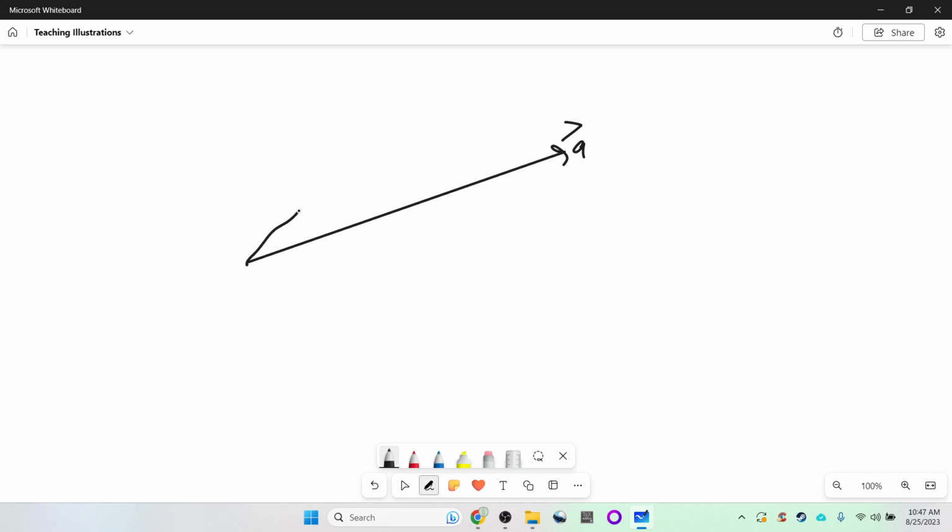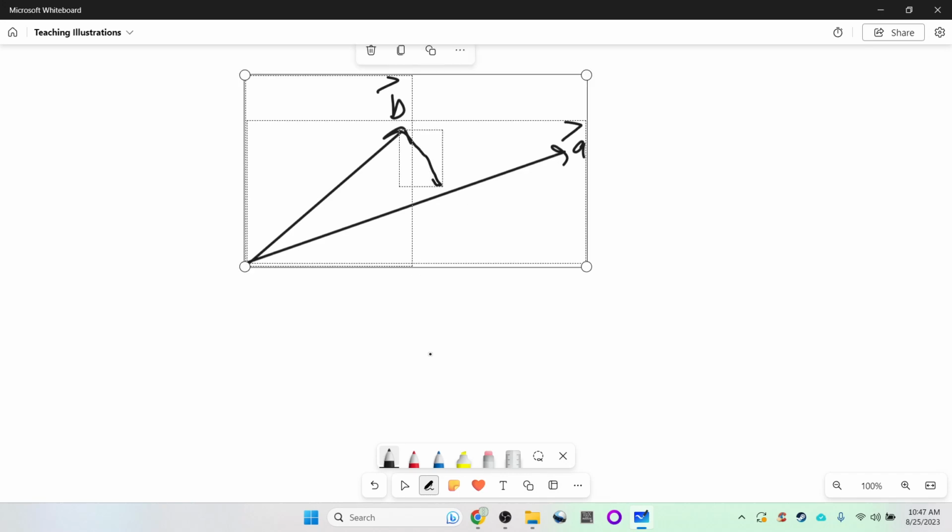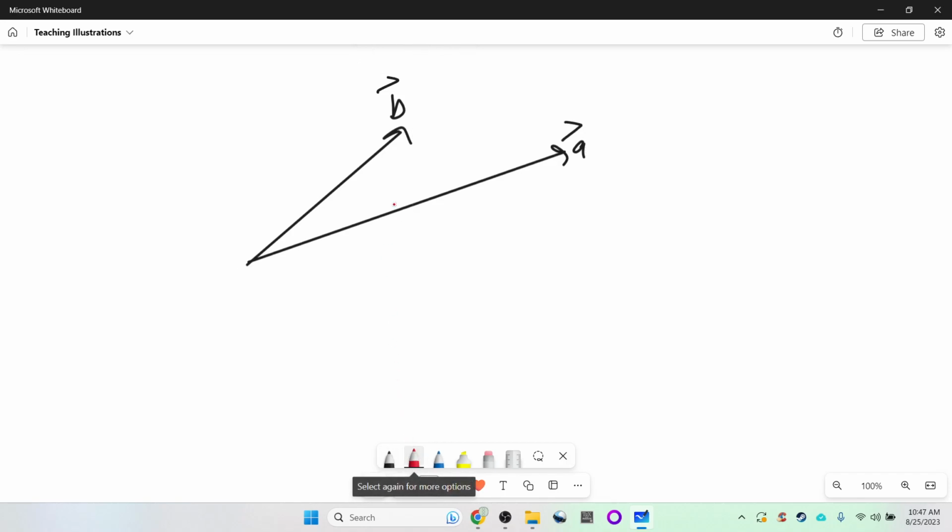We have a vector B. Let's make this a straight line, as straight as possible. We want this to land at a right angle, so let's try about like that.